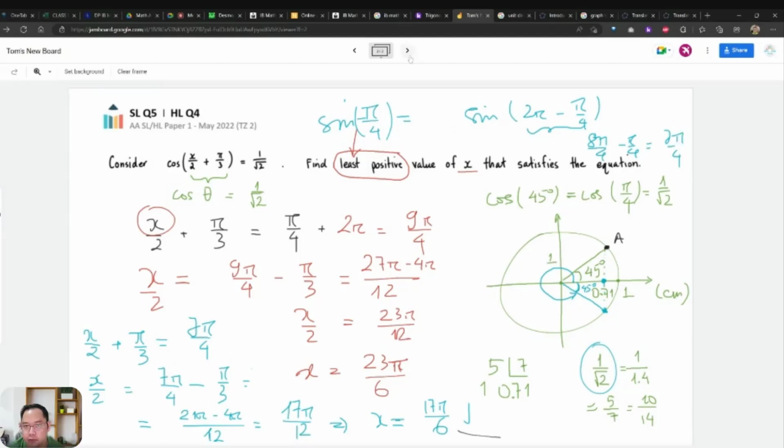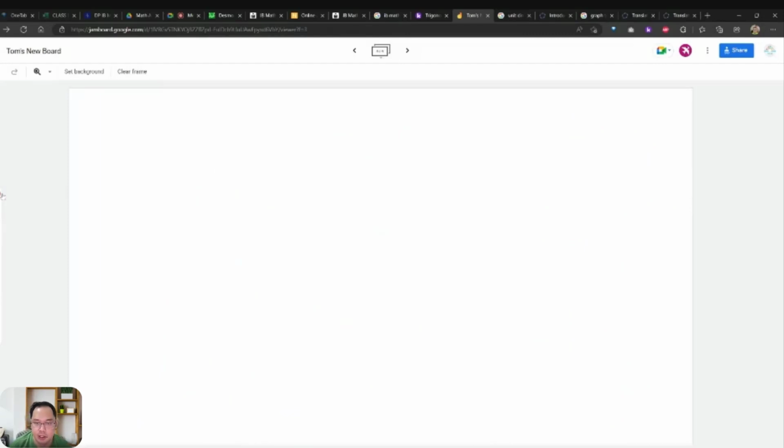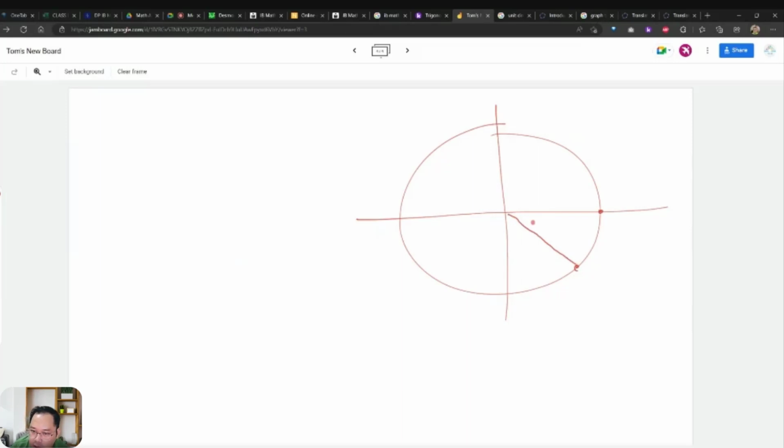Okay, 7 pi over 4. The angle minus 45 degrees is equal to minus pi over 4 in terms of radians. Instead of writing minus pi over 4, we can represent that angle by measuring from the horizontal axis in the counterclockwise direction to this point. The equivalent value is 2 pi minus pi over 4.